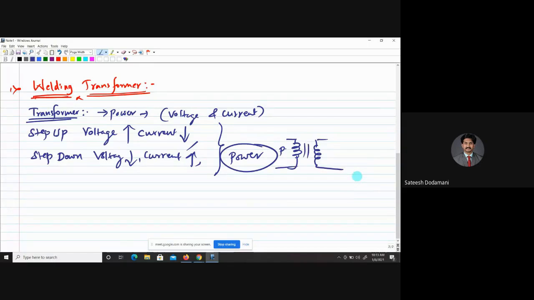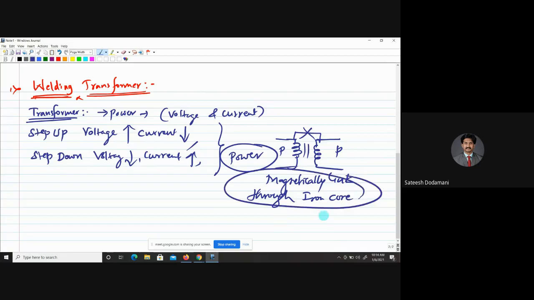In this way, it maintains the power and transfers it from one electrical circuit to another electrical circuit. The power in this circuit will transfer to the power in this circuit, and there is no electrical connection. Those are isolated, but magnetically it is linked through the iron core, but electrically those are isolated.